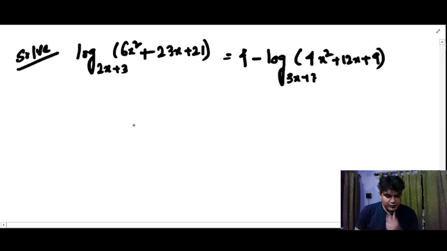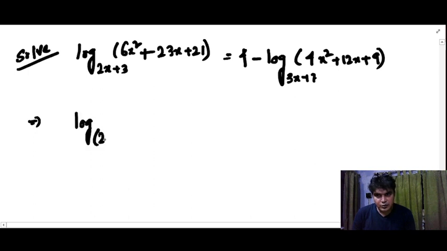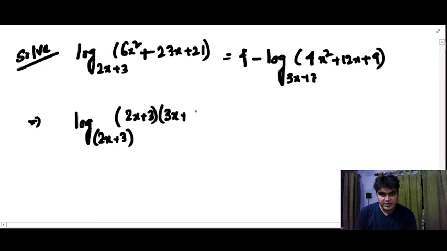So the given equation, if I factorize 6x square plus 23x plus 21 and 4x square plus 12x plus 9, can be written as log of 2x plus 3 in the base, and here we have 2x plus 3 into 3x plus 7.